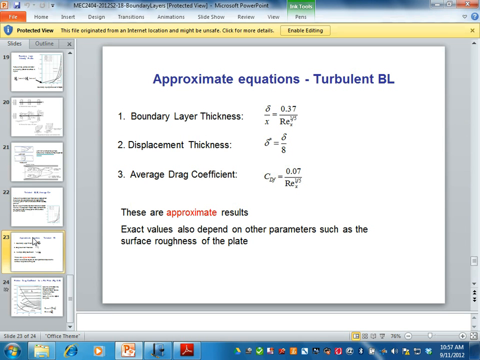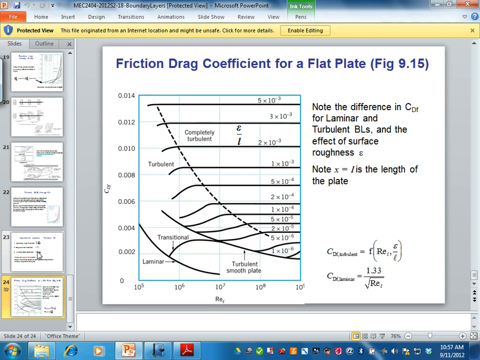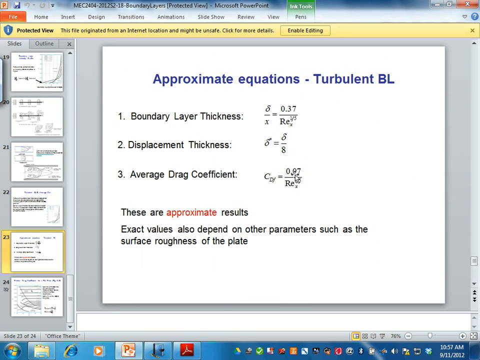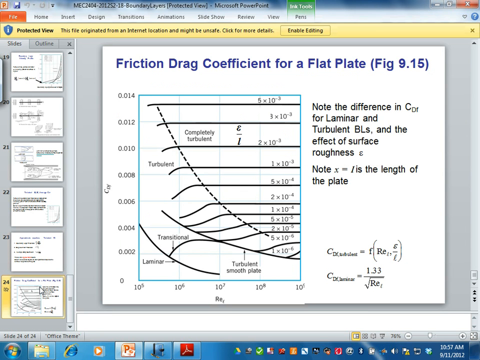Quiet, please. One last thing, but I'll repeat it next time also. Since this is the last slide, this value is for a smooth plate, with no surface roughness. But for turbulent flow, sometimes the turbulent boundary layer can get so thin that it's the same size as the roughness of the plate.